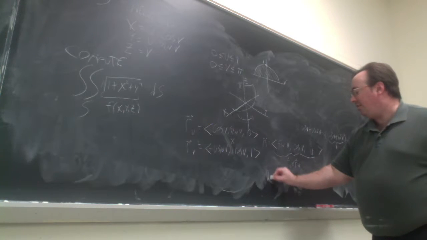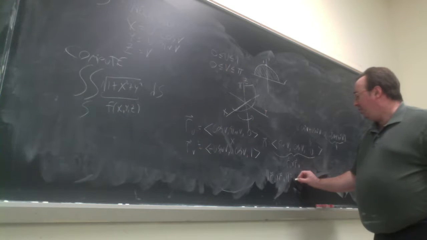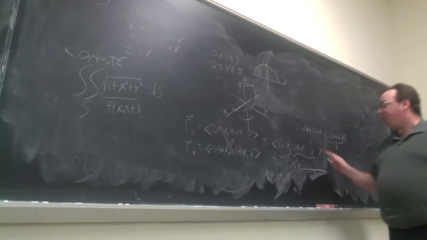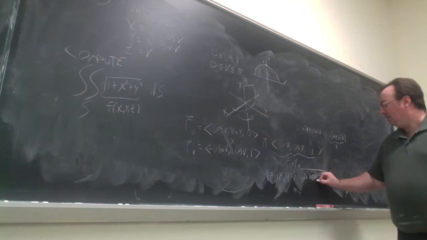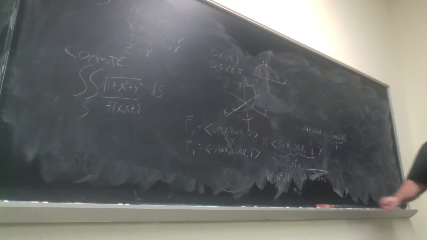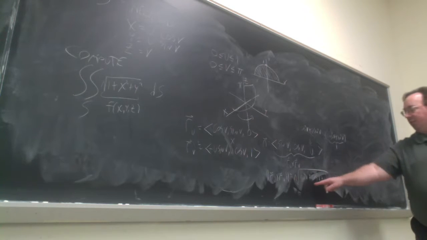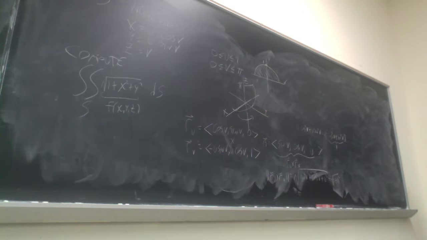So now the magnitude, we're just going to take a square root of the sum of squares of all the components. And again, cosine squared plus sine squared equals 1, so we just get square root of 1 plus u squared. So you can think of that as being like the extra factor that goes into our integral.